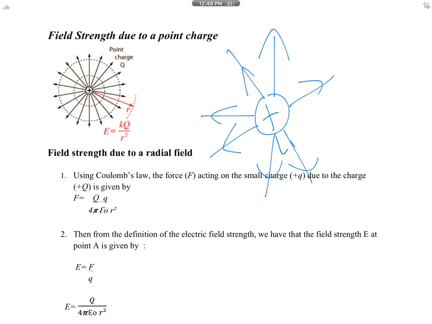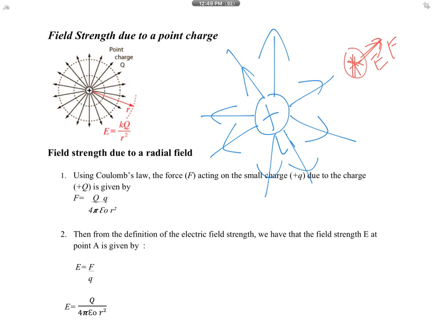So if I wanted to find the electric field at a point, let's say here, what I must do is put a positive test charge here. The positive test charge will be repelled, right? So that means the field strength at this point A is also to the right. The field strength follows the direction of the force acting on the positive test charge.